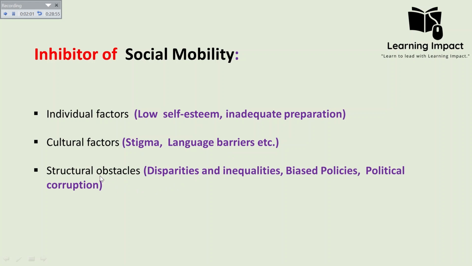If there is corruption, nepotism, no meritocracy, no respect for merit, no respect for laws, of course in such a society those who have talent will see their talent wasted, because that society will never be able to provide equal opportunity for each and every individual to realize their potential. So it can also act as an inhibitor of social mobility.